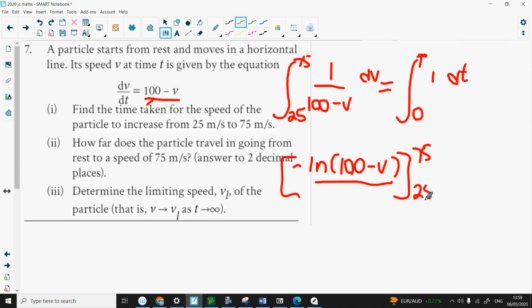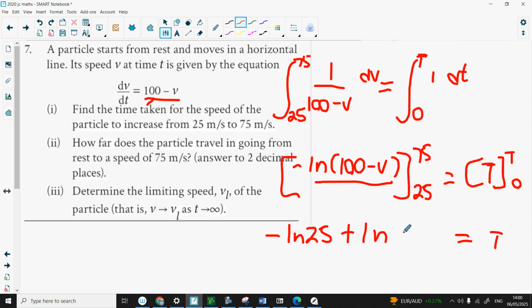Then we have 75 and 25 on one side, and the other side is just t from 0 to t. When it's 75, it's 100 minus 75, so it's going to be minus ln 25, plus, 2 minuses make a plus, ln 75.